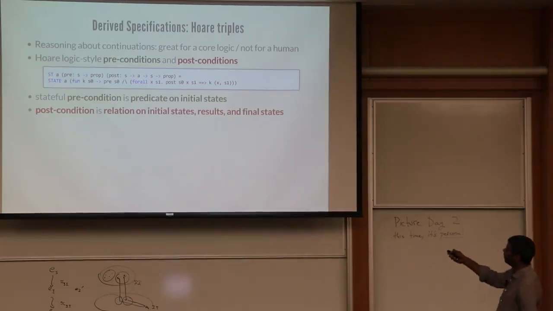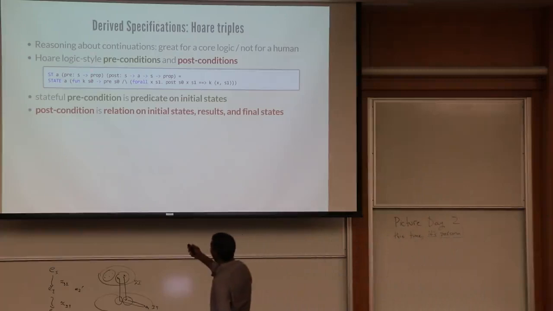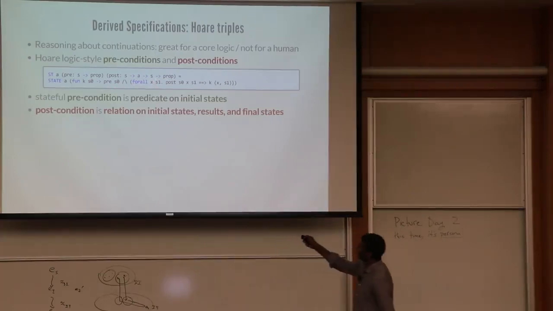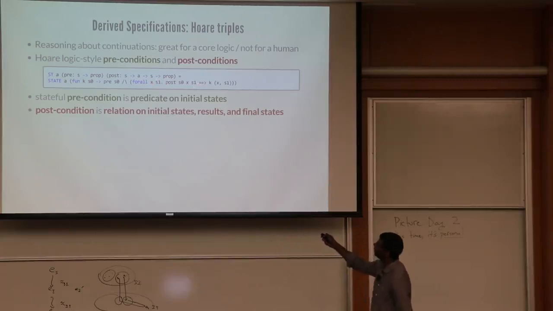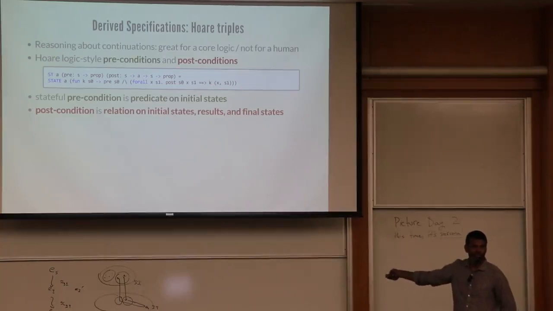The WP is a lambda which, for all continuations K and initial states S0, I need to prove my precondition. And for all results X and final states S1, assuming the postcondition relating the initial state, the result, and the final state, I have to prove the continuation. So I can build Hoare triples on top of WPs.